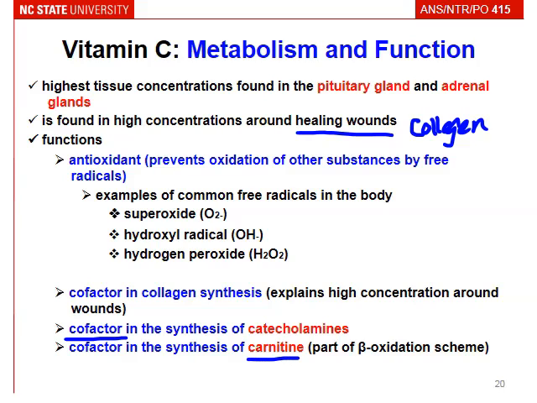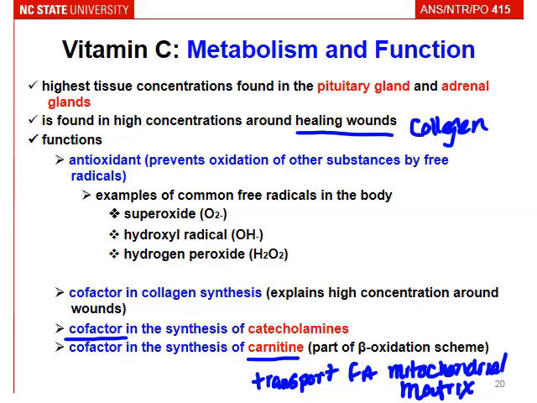So what do we need carnitine for? A good reminder: basically we need carnitine to transport fat, to transport our fatty acids into the mitochondrial matrix.